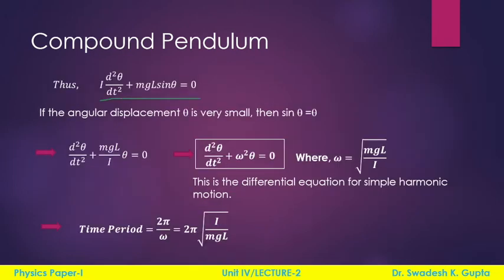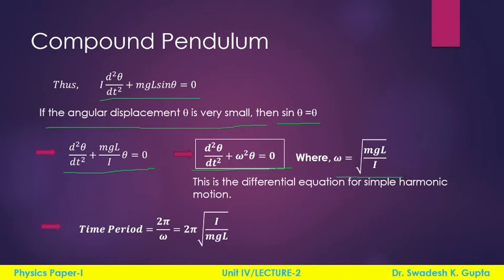For the moment of inertia, you can consult unit 2 of this paper. Now, if the angular displacement theta is very small, then again we can write sine theta is equal to theta, and then we will get this equation, and then we can write it in this way, which is the simple harmonic motion equation.